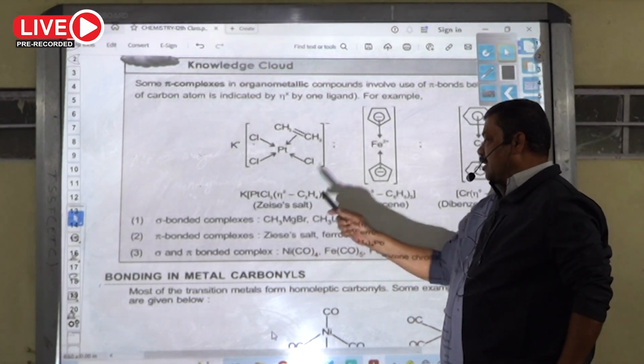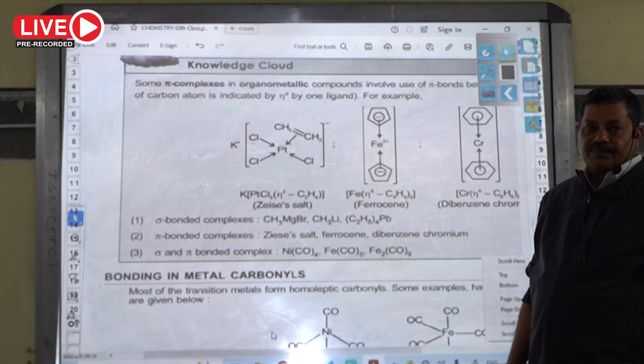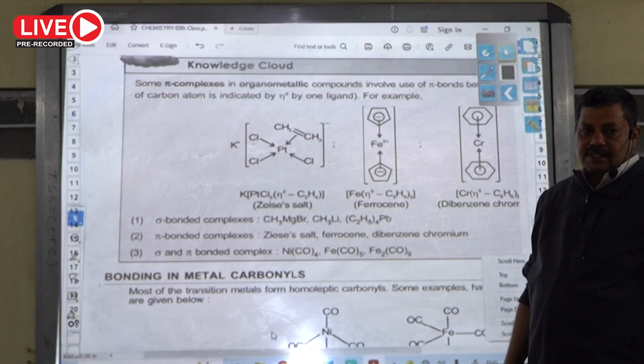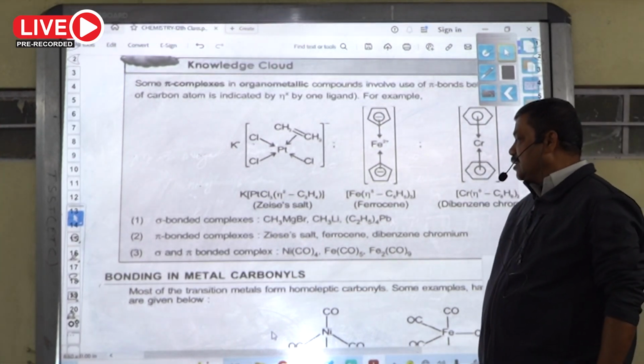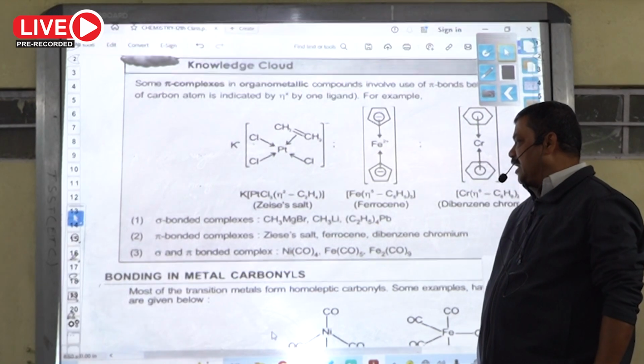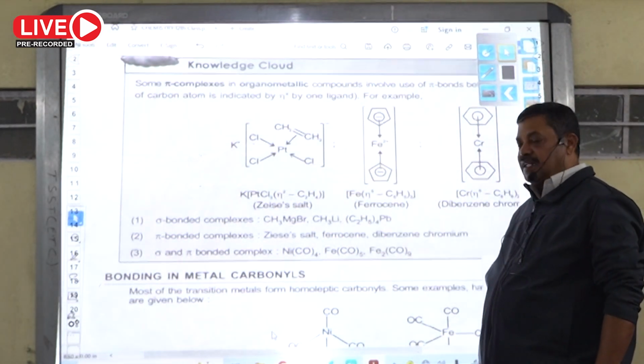Below you write Grignard reagent. All Grignard reagents are what kind of organometallics? Sigma bonded organometallics. Next is methyl lithium, CH3Li.